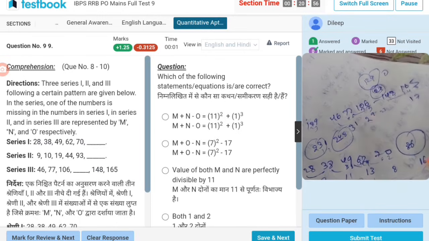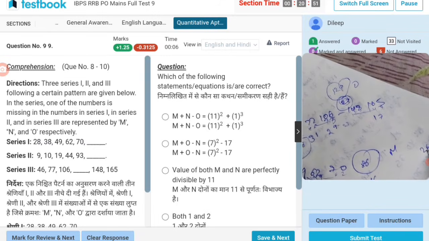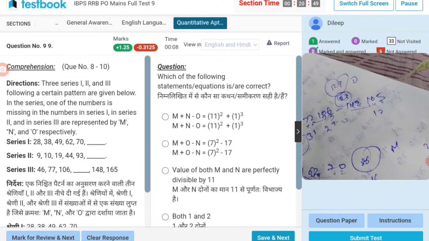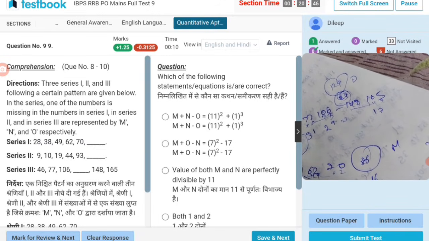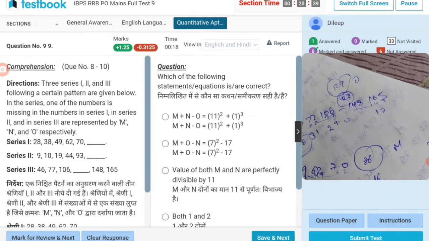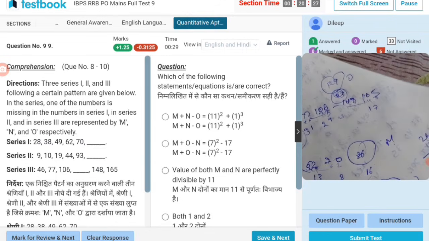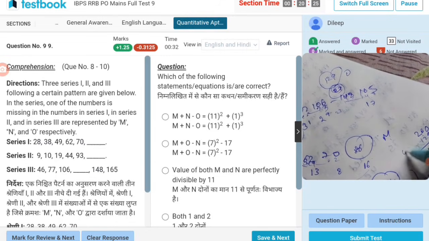691. So m plus n minus o, 121 1, no, and m plus o, so m plus o minus n, 49, variable of m and n divisible.